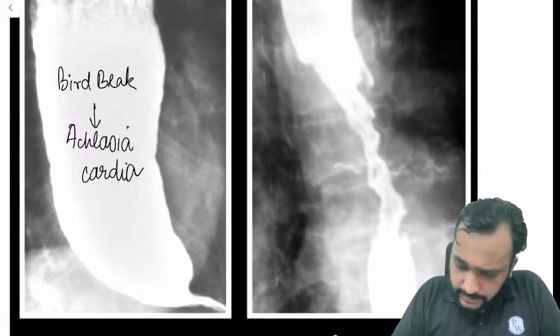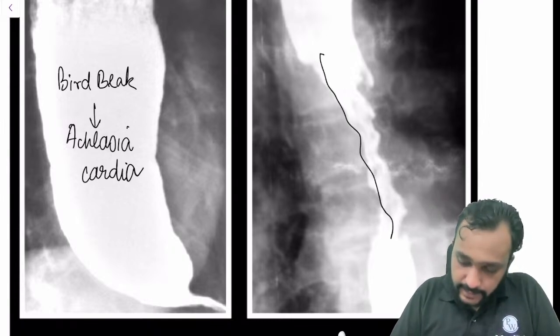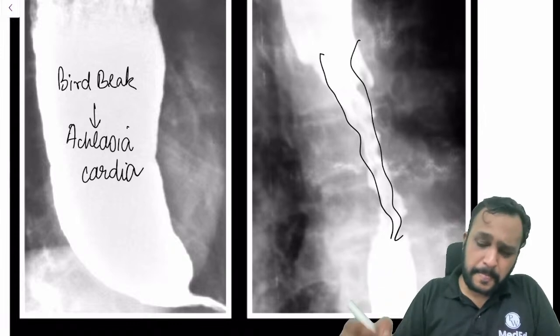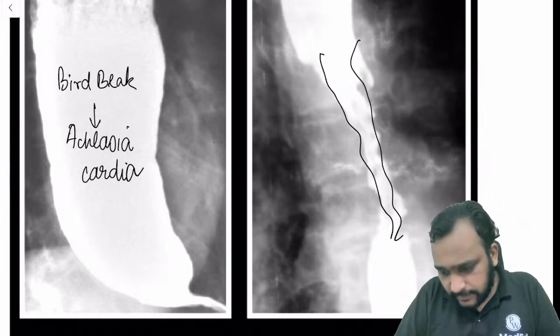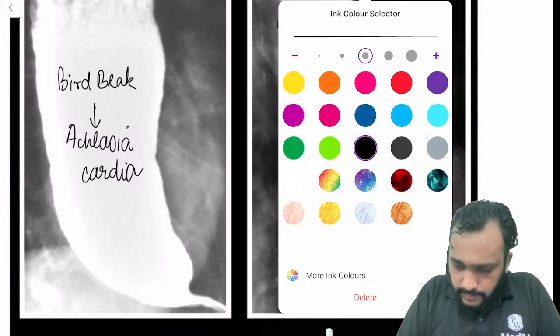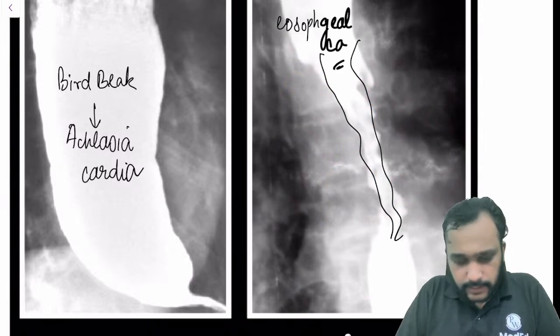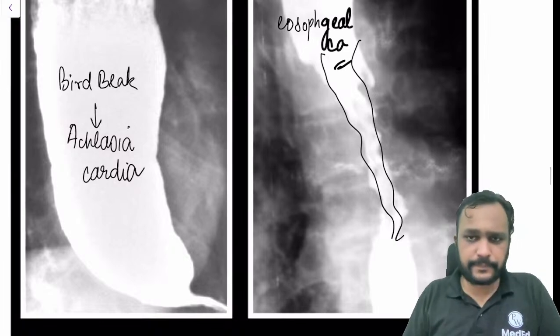Right? In the second image, we have the rat tail appearance, and this rat tail appearance is associated with esophageal carcinoma, right?